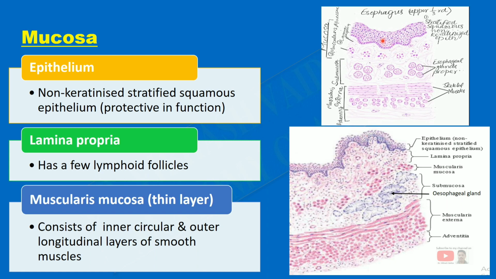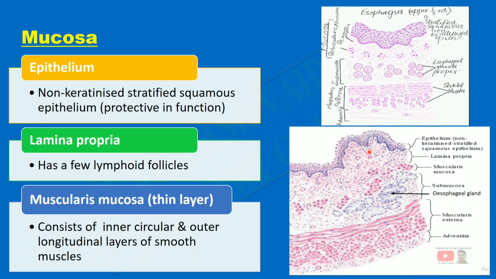We can appreciate here it is multi-layered, and at the most apical part here we have squamous cells, and also we can appreciate here this lining epithelium rests on the lamina propria, which is the 2nd layer of the mucosa, and here we can also appreciate this lamina propria has a few lymphoid follicles.